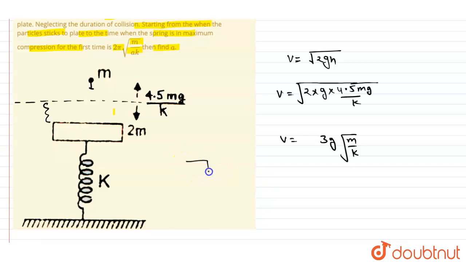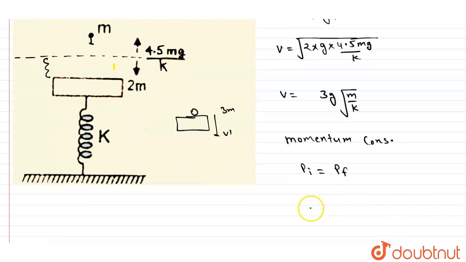Let us consider when the particle sticks to it, they will move with the velocity v dash and their combined mass will be 3m, because m plus 2m is 3m. So by momentum conservation, initial momentum should be equal to final momentum.